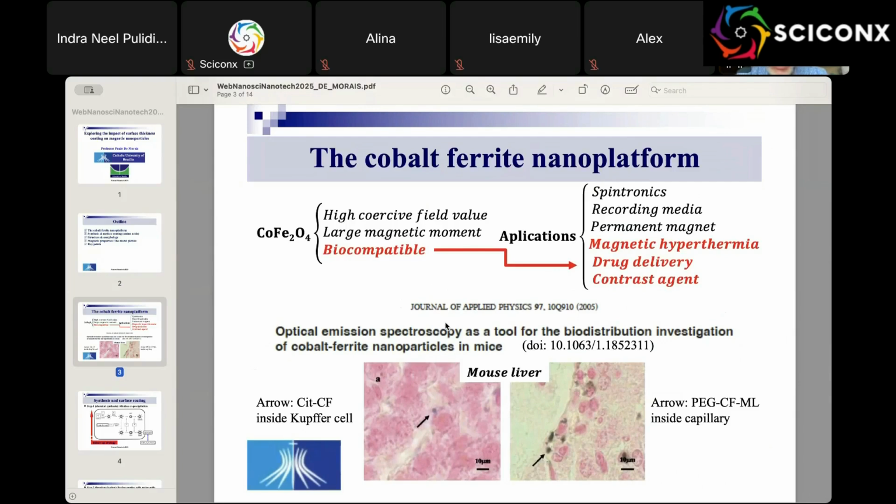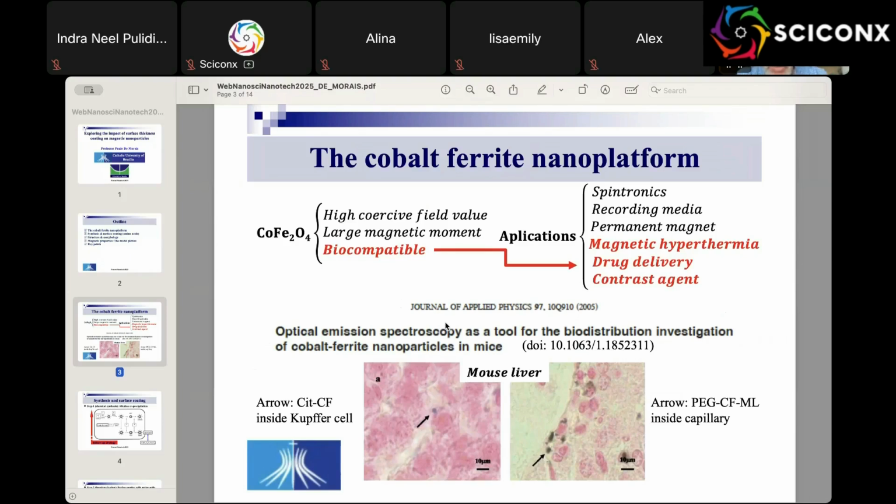That leads to important applications in the biomedical field, like magnetic hyperthermia, drug delivery systems, and contrast agents for magnetic resonance imaging. In red, I emphasized the biomedical applications.